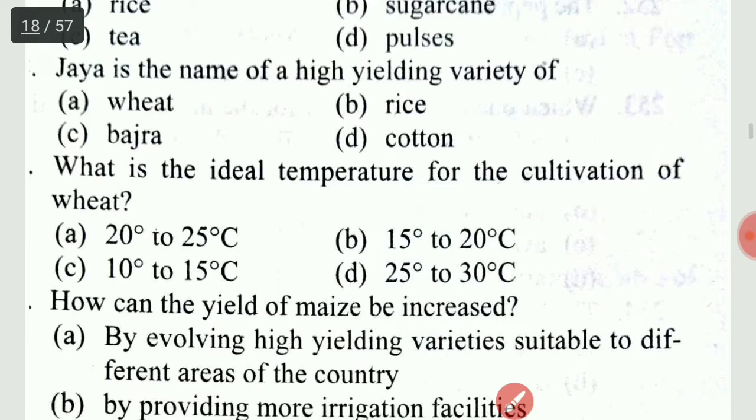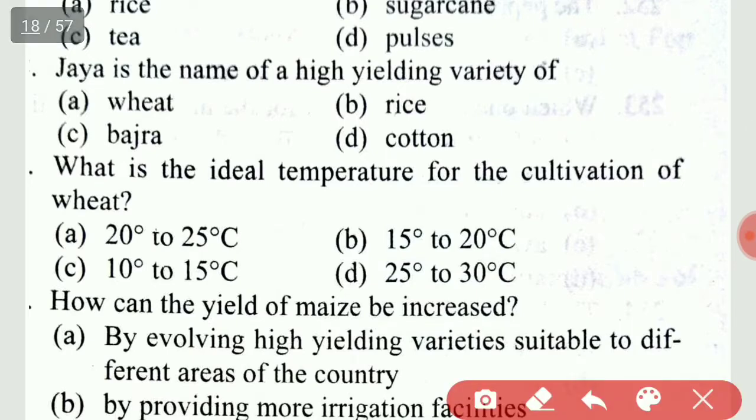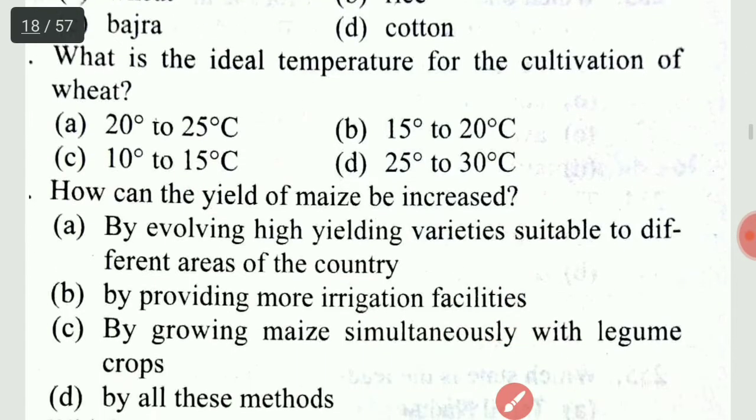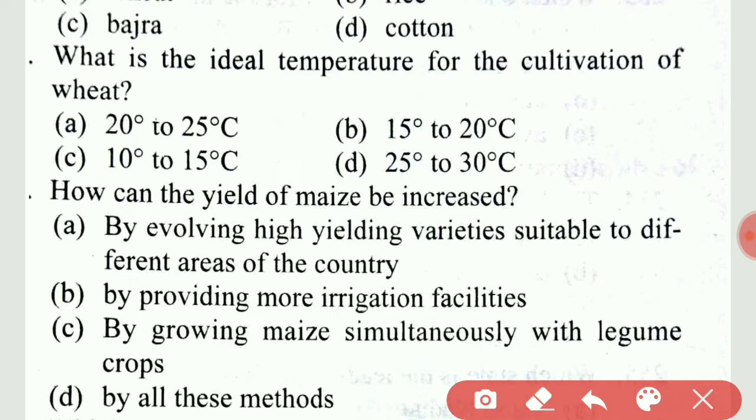What is the ideal temperature for the cultivation of wheat? That is option C, 10 degrees to 15 degrees. Next, how can the yield of maize be increased?